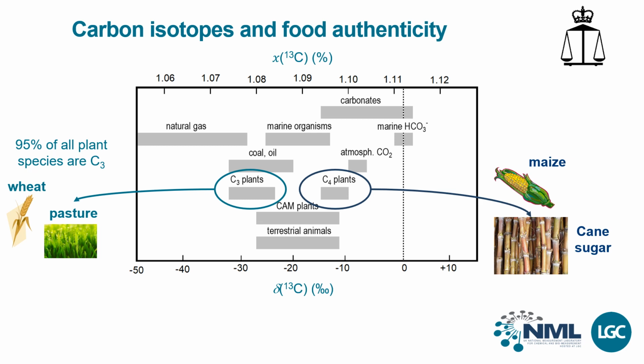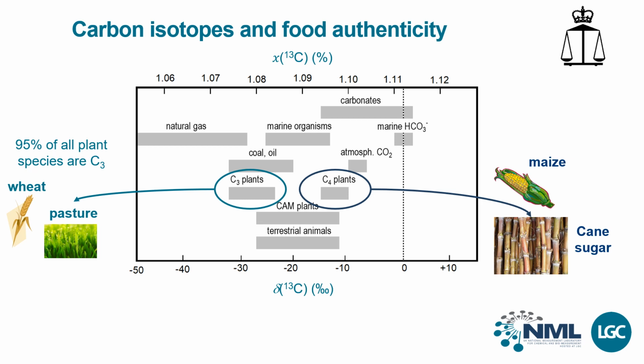This is used by plants in hotter climates to reduce water loss by reducing stomatal opening times, and discriminates less against carbon-13, leading to less negative isotope delta values.